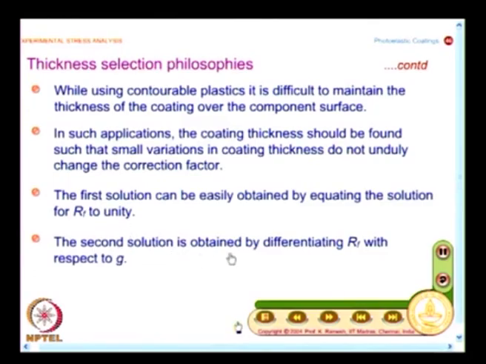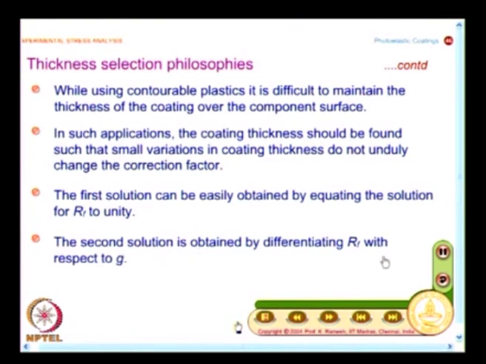The second solution, that the correction factor should not change for small variations in coating thickness, is obtained by differentiating the correction factor expression with respect to G, and we have already seen G as the ratio of thicknesses.